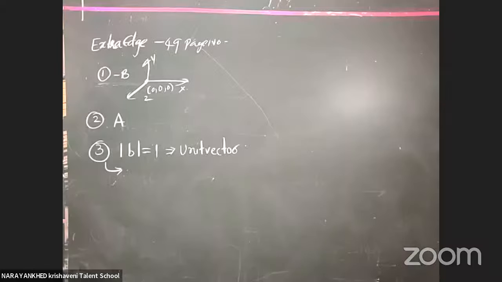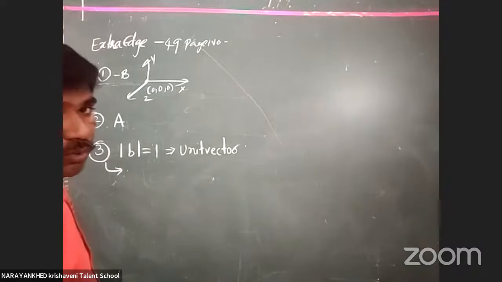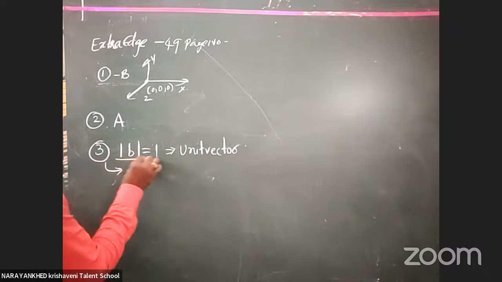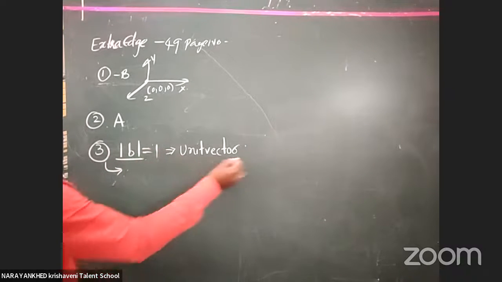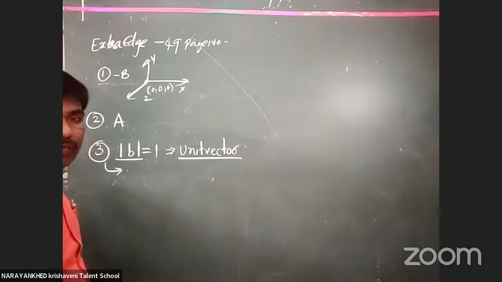Okay, now this time, once again, we have b is equal to 1 and this is called a unit vector.